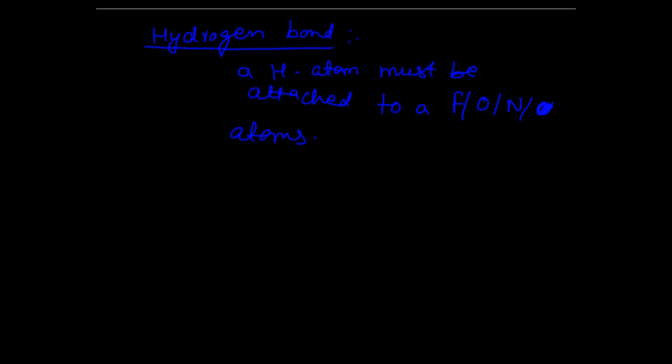That is hydrogen bond. A hydrogen bond can only occur when a hydrogen atom is attached to a fluorine or oxygen or nitrogen atom. Now, this alone is not enough for the formation of hydrogen bond.